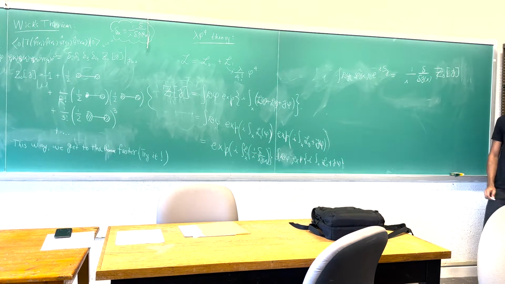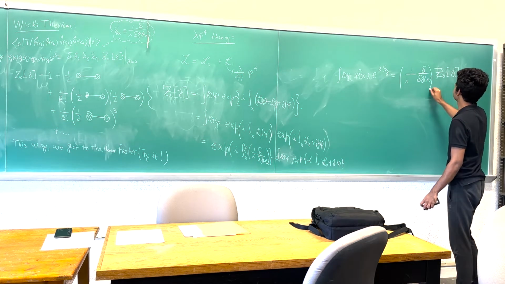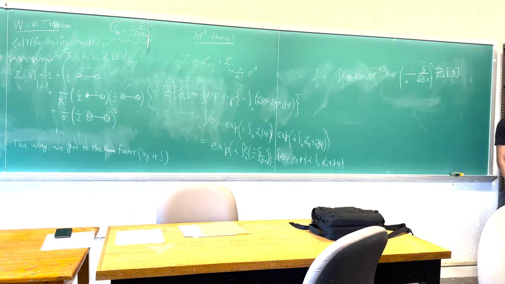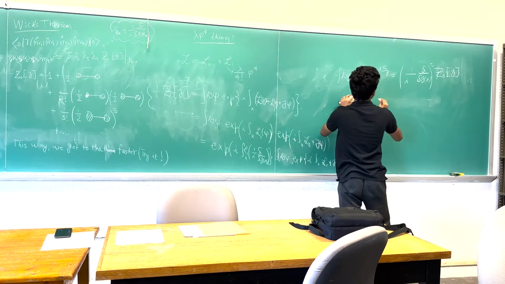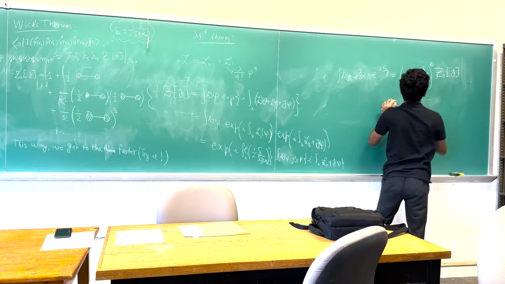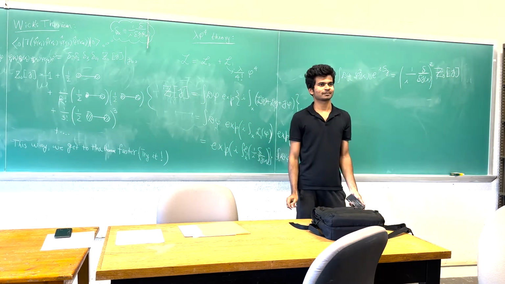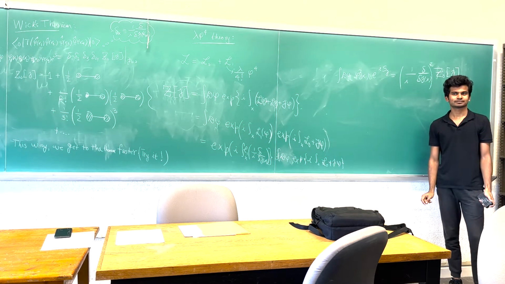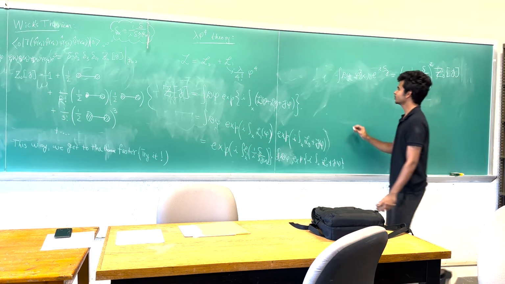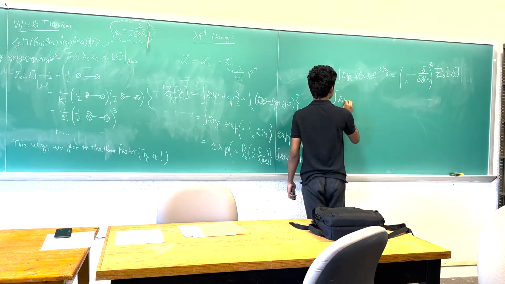Another functional derivative. Oh, that's a square. I thought it was a tilde. Terrible handwriting. Is that clear? So how do you compute this?